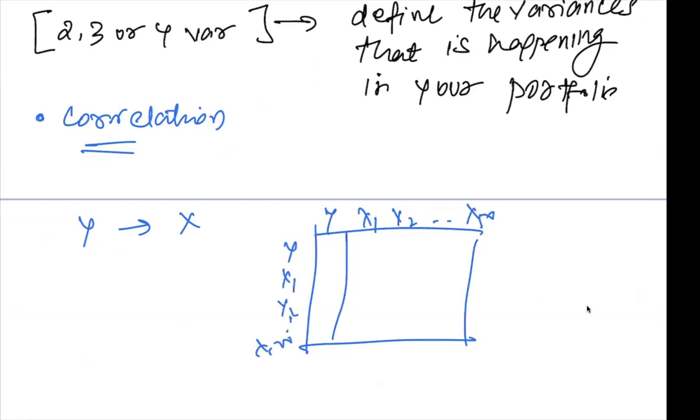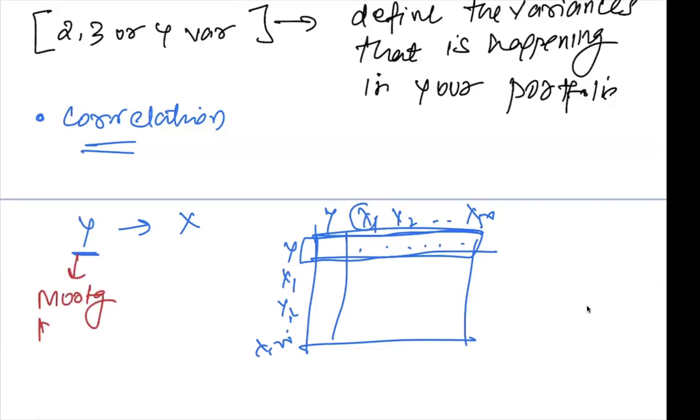So what you need to make sure is this specific thing: you need to check how much your independent variables are correlated with your dependent variable. Why we are doing this is because, of course, if the correlation is high, that basically means that specific economic parameter is affecting your balances, right? So Y in our case is nothing but the mortgage balance, and X1, X2, X3 are all economic parameters.